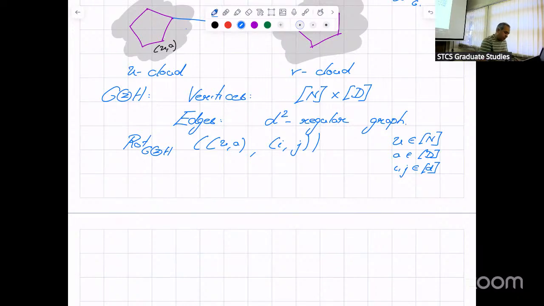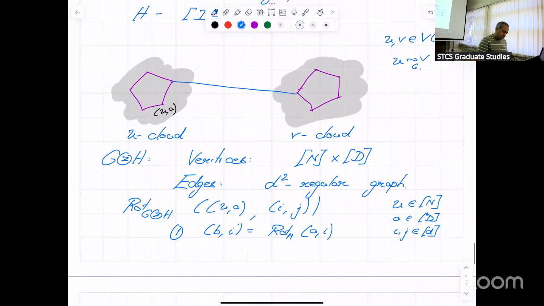So first thing we will do is we will compute B comma I prime, which is rot H of A comma I. So basically, we are going to ask what is the ith neighbor of A in H.